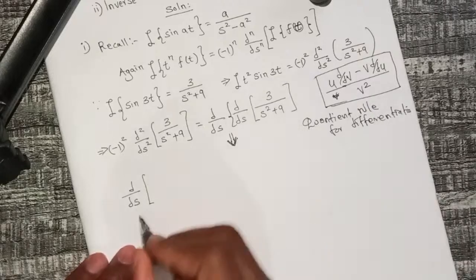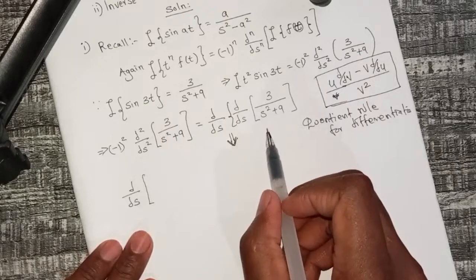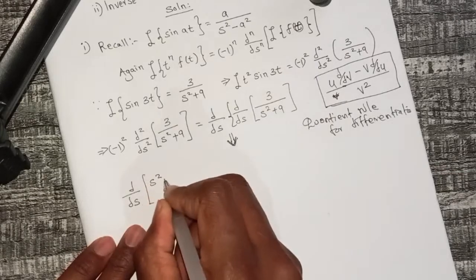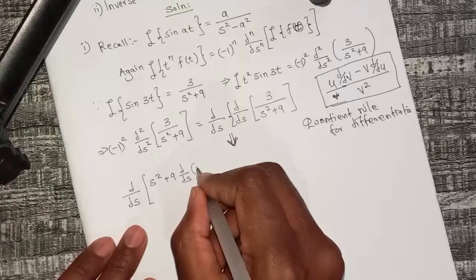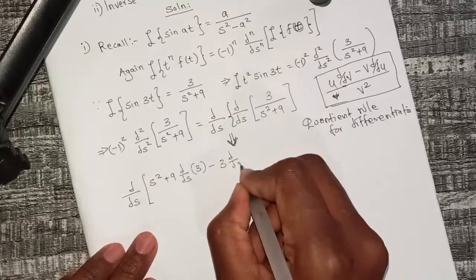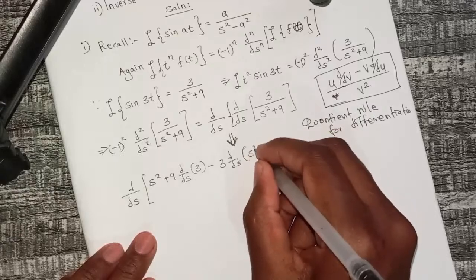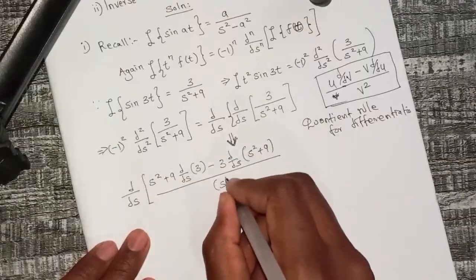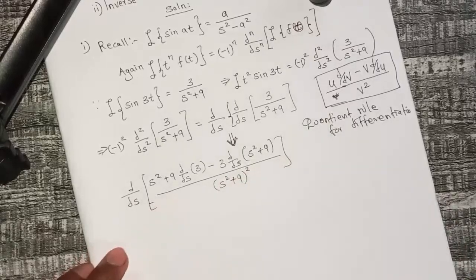With that we hold s squared plus 9 times d/ds of 3, then we hold 3 constant, times d/ds of s squared plus 9, then we divide everything by (s squared plus 9) all squared.